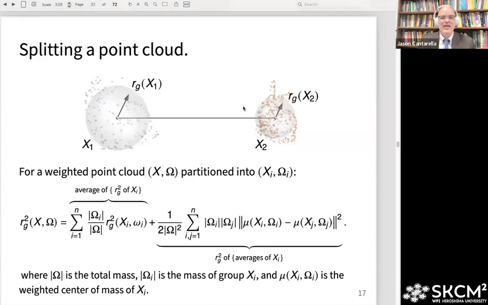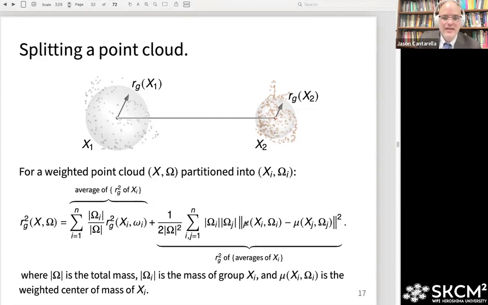It depends on two things: the radii of gyration of the pieces and the distance between their midpoints. And it has this really pretty formula that I've written out here. It's the average radius of gyration of the pieces, averaged according to the total mass in each piece, plus the radius of gyration of the centers of mass of all the pieces. And again, those centers of mass are weighted by the total mass of each piece.